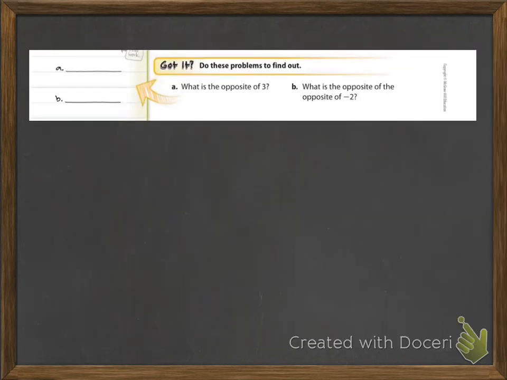All right, you guys, go ahead and give A and B a try. Question A says, what is the opposite of 3? That would be negative 3. Question B reads, what is the opposite of negative 2? Whoa, okay, here's the deal. Let's start with negative 2. That's the number that they gave us. And now it's asking us for the opposite of negative 2.